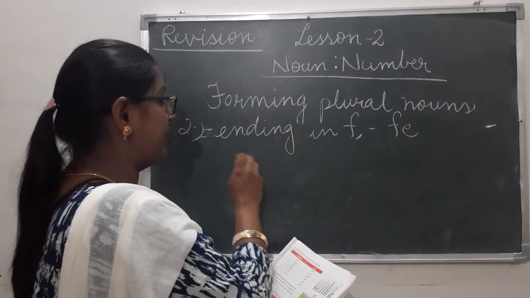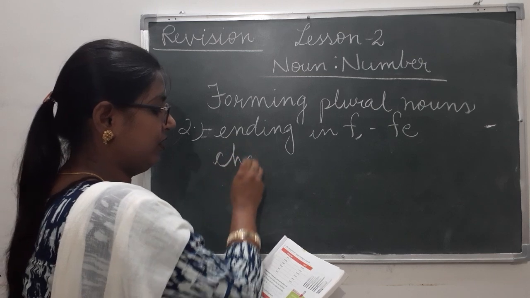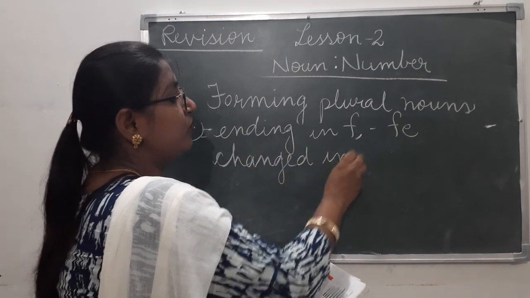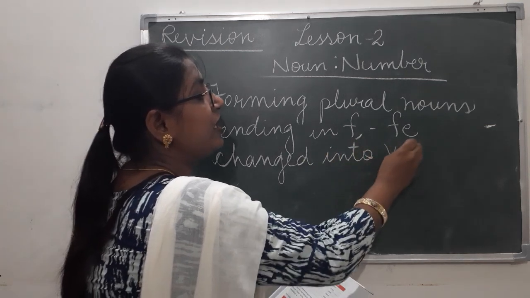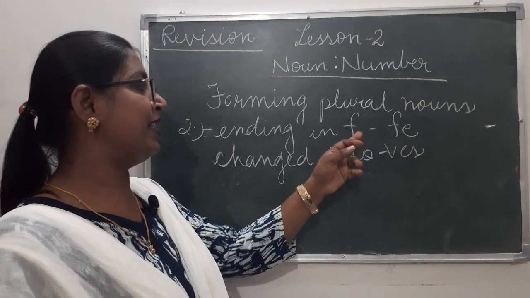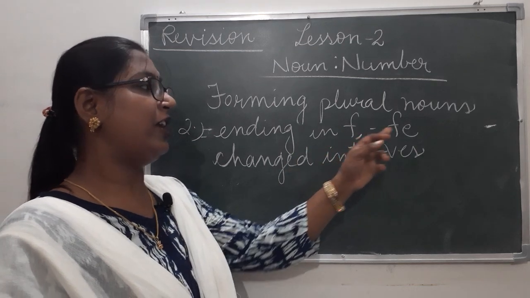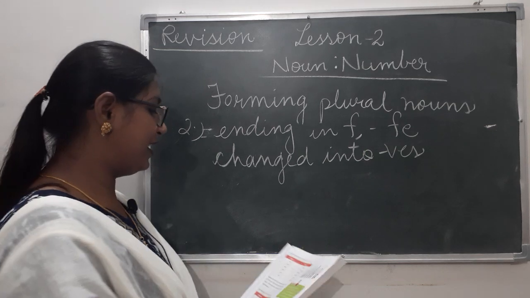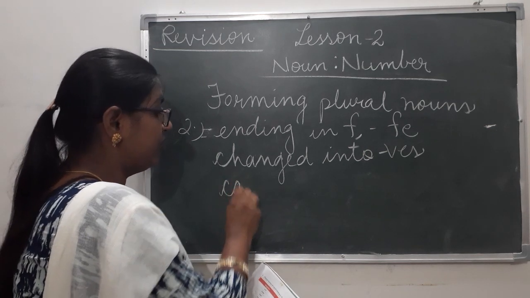F or FE is changed into VES. It is changed into VES when the word is ending with F or FE. F or FE is changed into VES. Let us see the example.